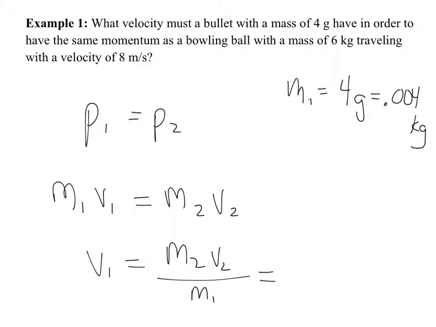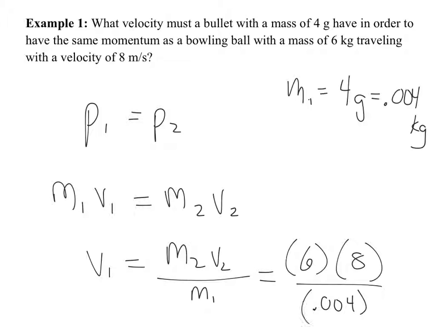So we've got m2, the mass of the bowling ball, times the velocity of the bowling ball, divided by the mass of the bullet. Again, this is the bowling ball, this is the bullet. You could have plugged in numbers and then divided by the 0.004. It's the same thing as doing it generically.